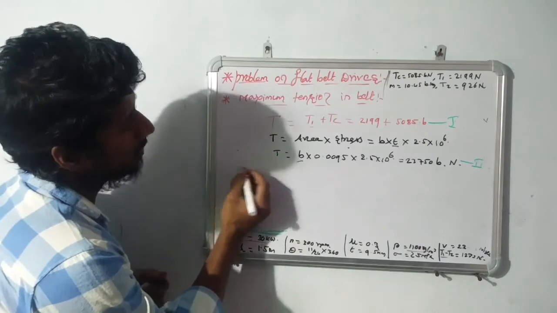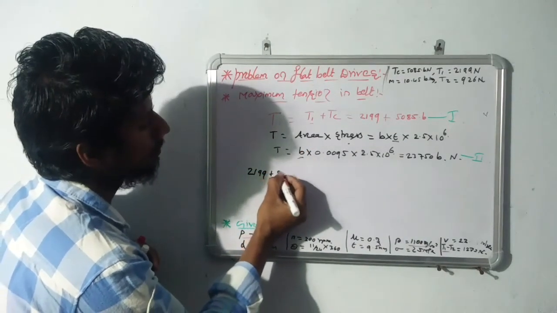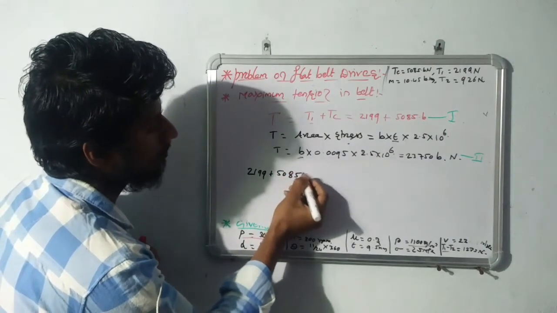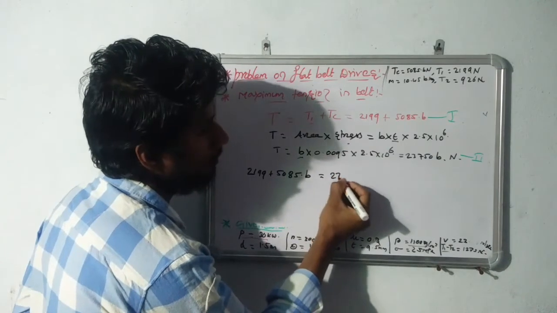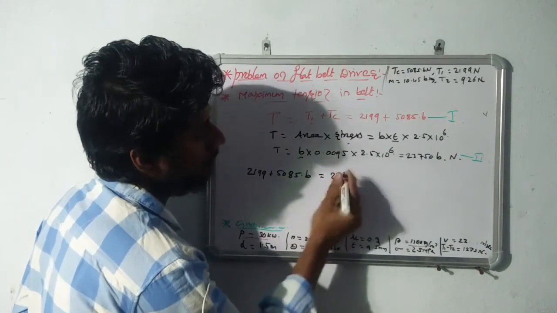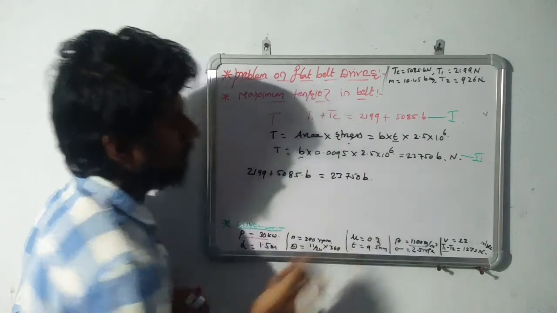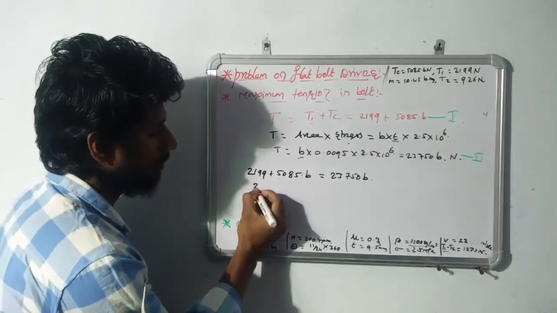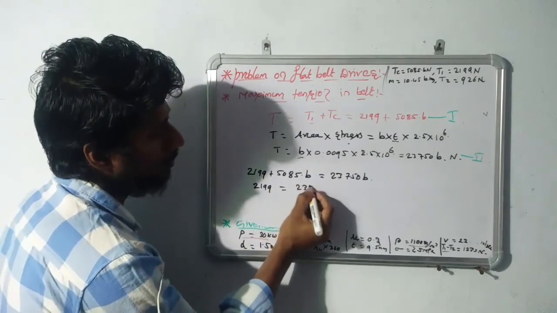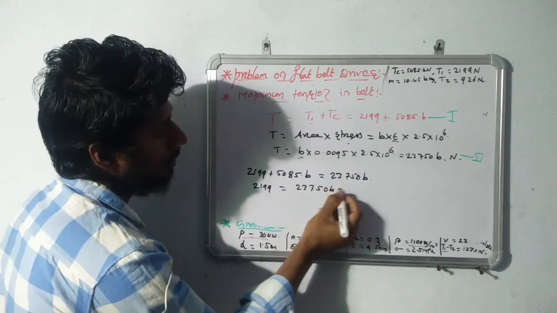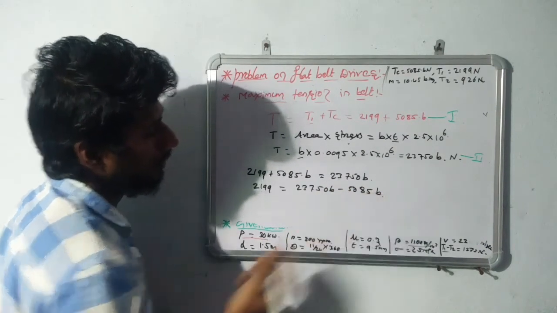What about the first equation here? 2199 plus 5085B is equal to 23750B. So from this, 2199 is equal to 23750B minus 5085B.